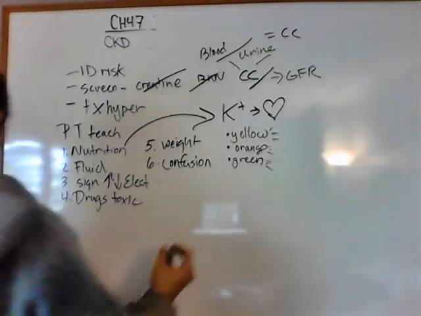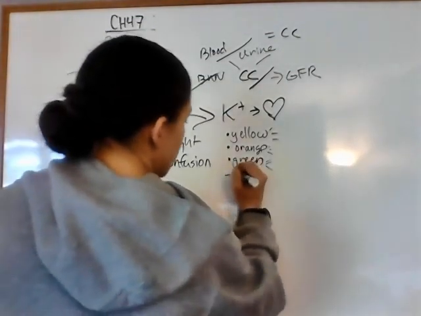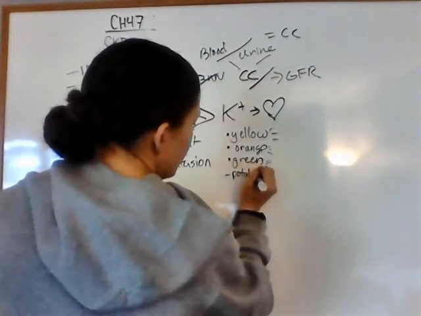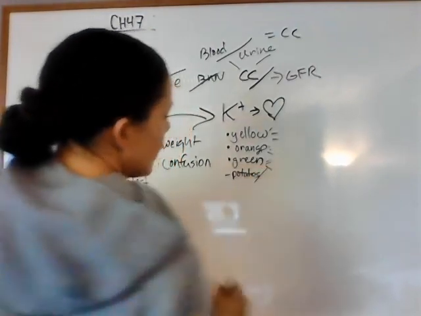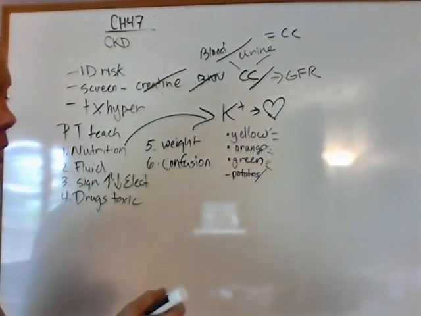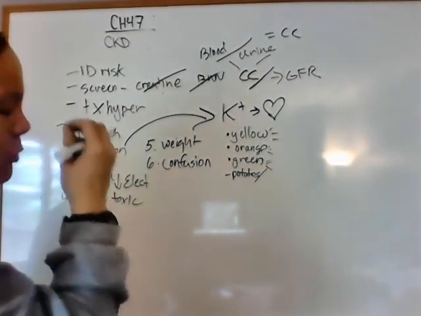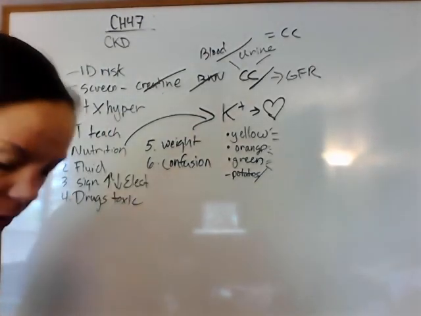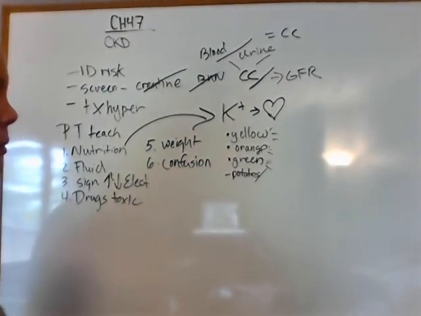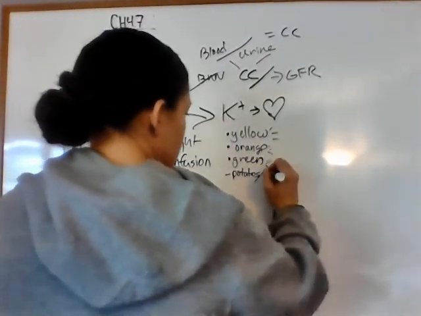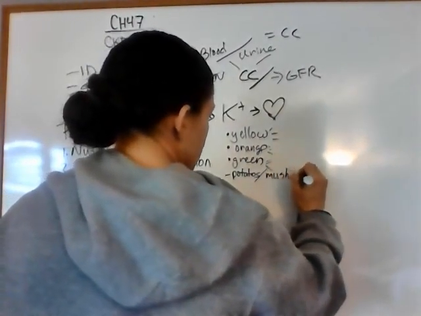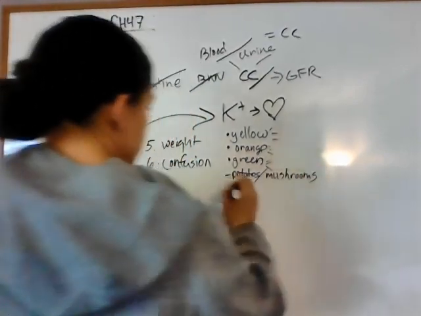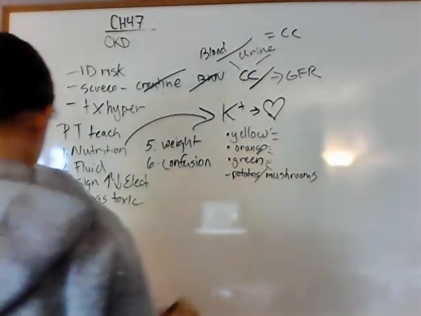Avocados. Some that don't fit into this are potatoes. If they are diabetic, do not tell them to eat potatoes. It is horrible. It's very, very high on the glycemic index. Mushrooms, too. So potatoes, mushrooms, and there's a couple other ones though.